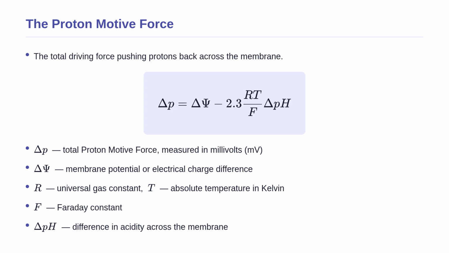Delta psi represents the electrical voltage pulling the protons. The second term represents the chemical concentration pushing them, which depends on temperature, T, and the difference in acidity, delta pH. If the voltage difference increases, or if the outside becomes much more acidic, the total driving force increases dramatically.